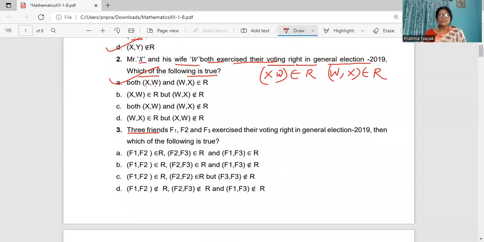Three friends, F1, F2, F3, friend 1, friend 2, friend 3, exercise their voting right in the general election 2019. Then which one is true?